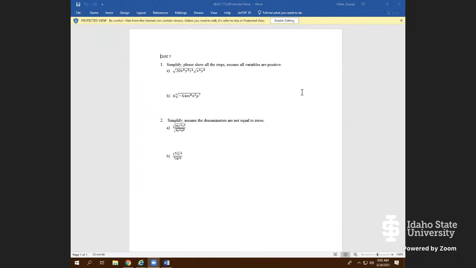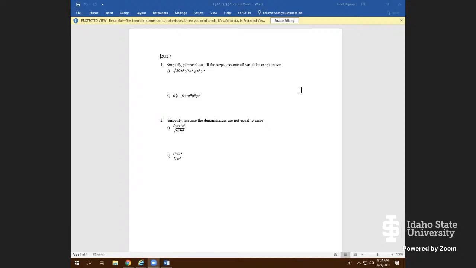So the quiz was based on the last question: simplify. Use the denominator as not equal to 0. So the denominator here is not equal to 0. So how do you simplify this?